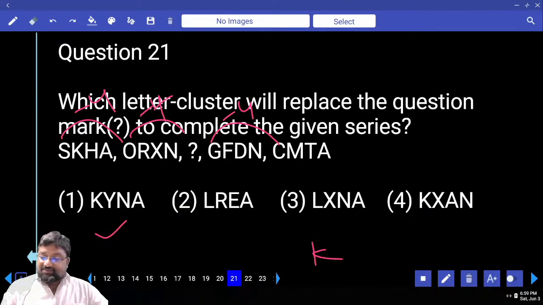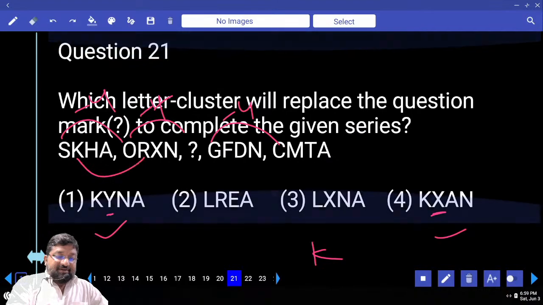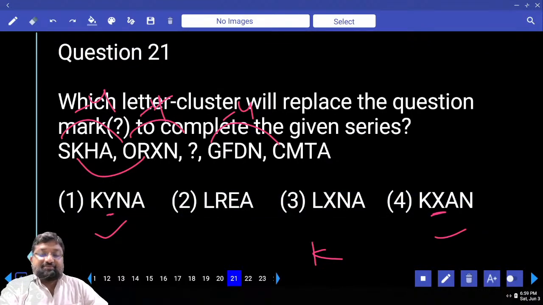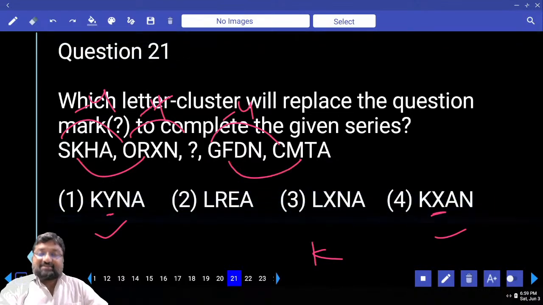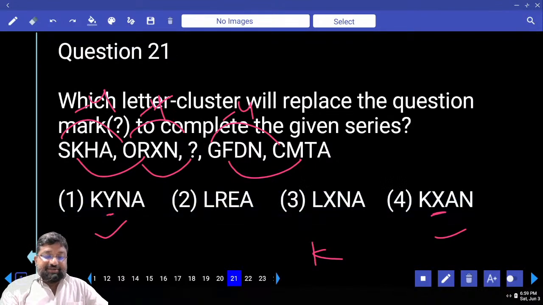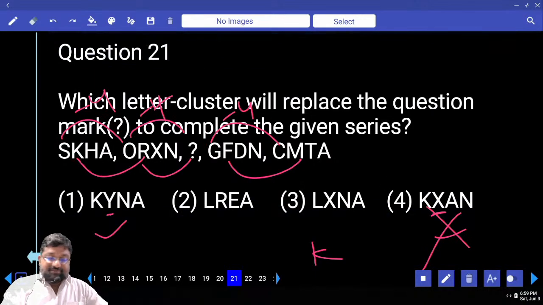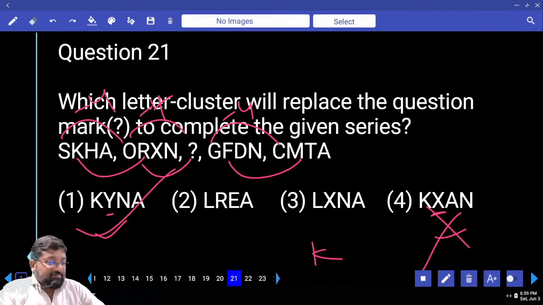How many options? The second letter is enough to decide what the answer is. Tell me. 11, 18 plus 7. 6, 13 plus 7. 18 plus 7 is 25. What is 25? So which option is my answer? Understood?